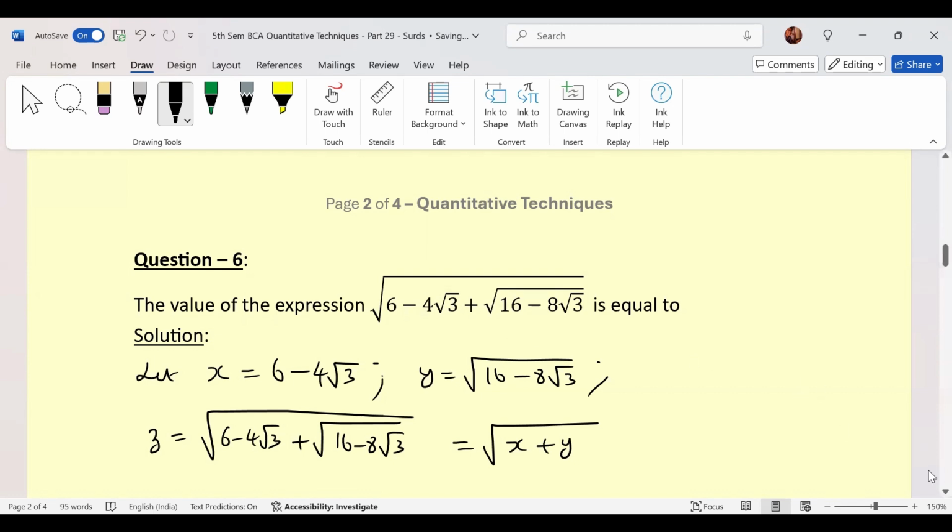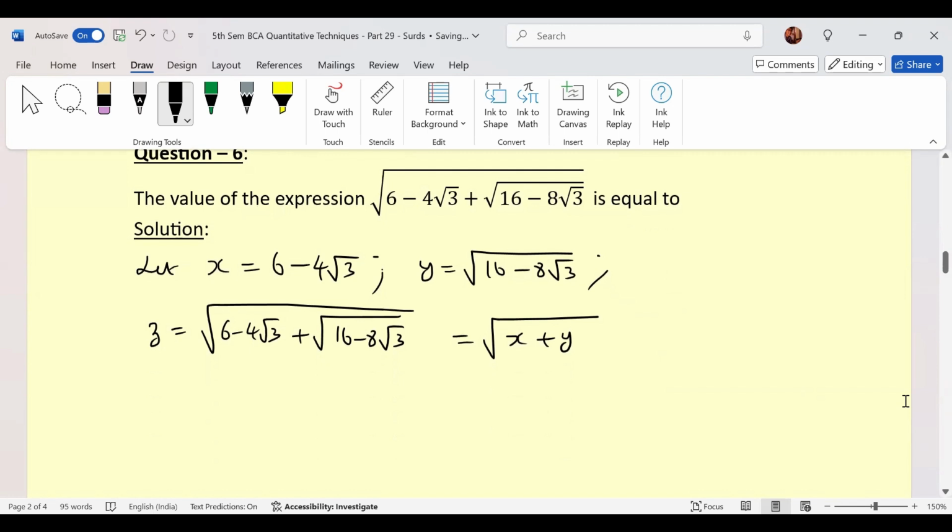Now we will go individually. First we will consider y. y is root of 16 minus 8 root 3, which means y square will be 16 minus 8 root 3.